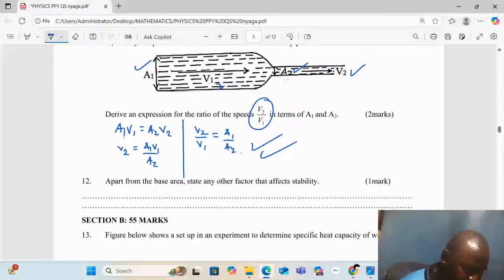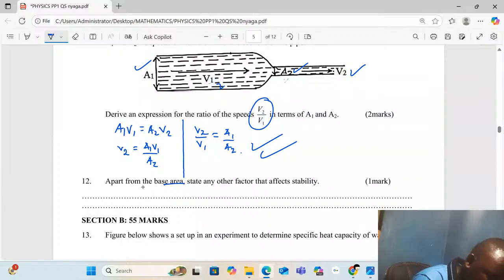Apart from the base area, state any other factor that affects stability. Stability of objects apart from the base area.